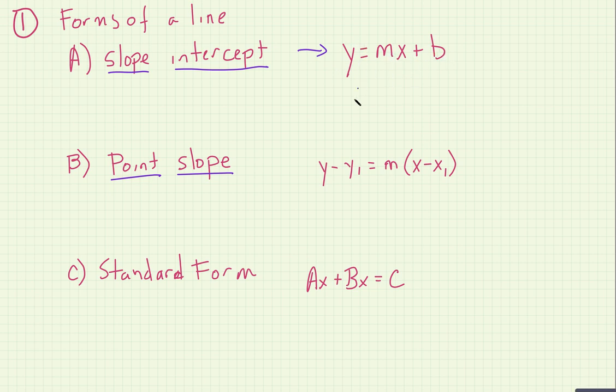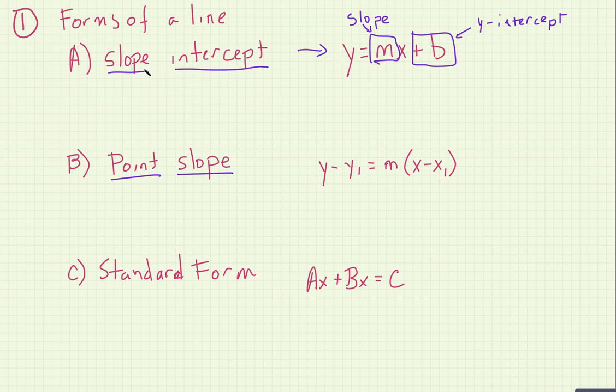What you're given in this form is the slope and the y-intercept. So your slope is m. Why it's m, I don't know. And b is the y-intercept, I don't know either. Why they use those exact letters, not sure. Maybe someone can do some research and let me know in the show notes.